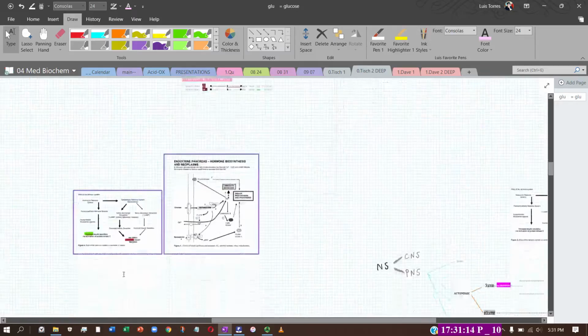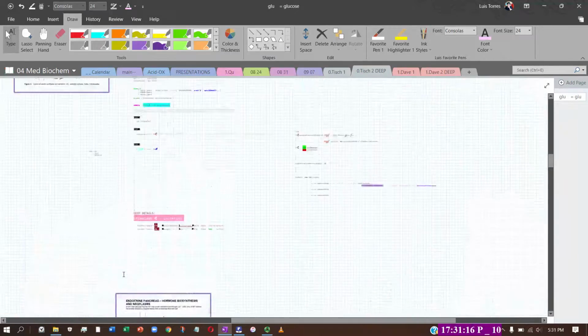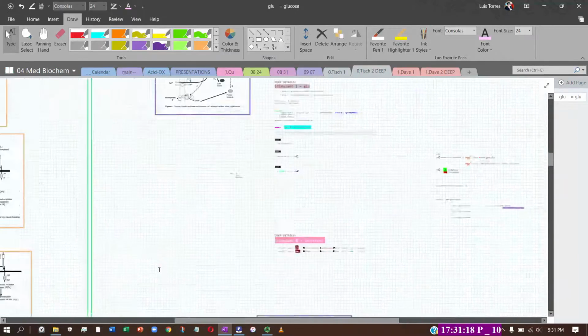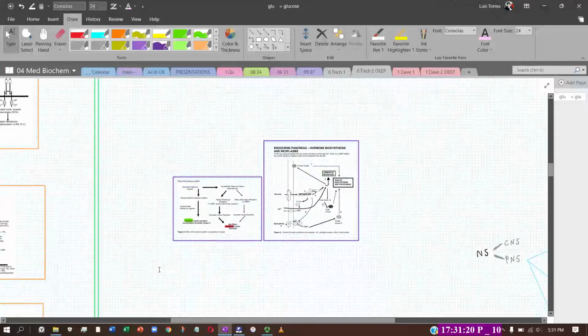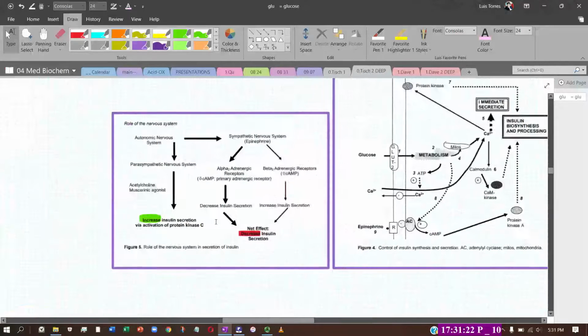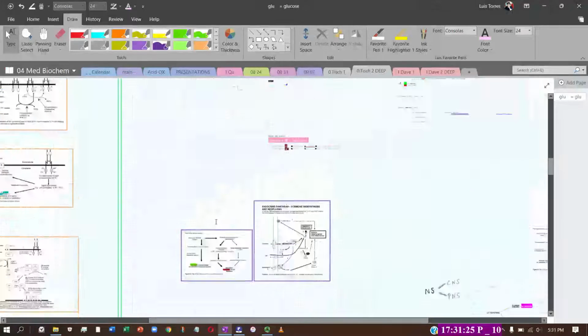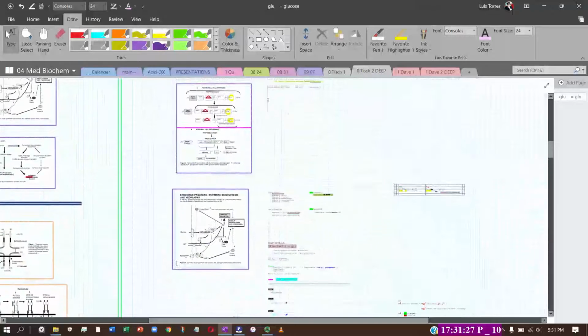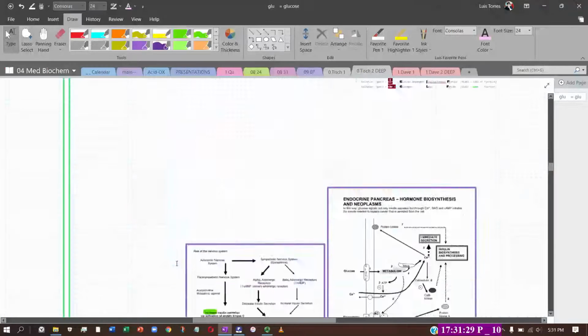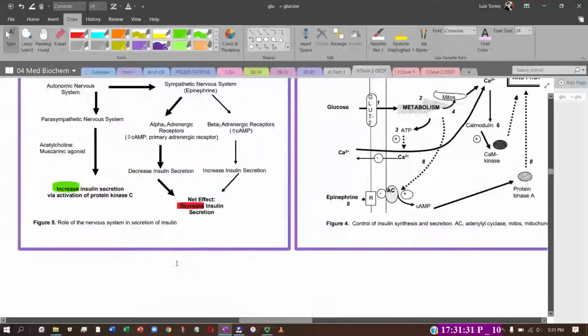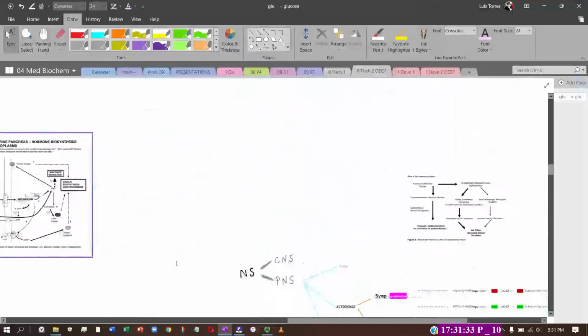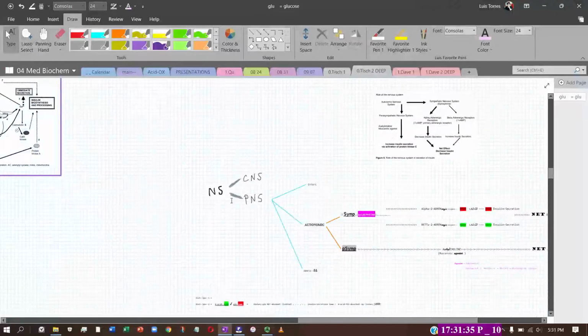Moving on. So figure 5, because that was 4. Here we address the nervous system.